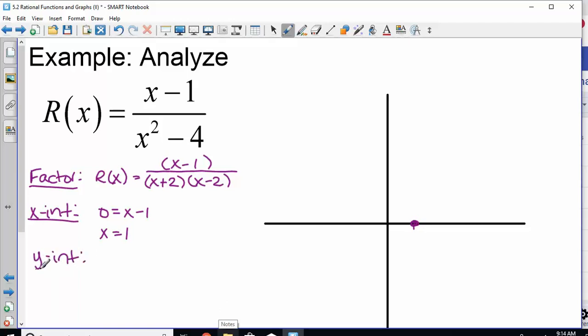Y-intercept, if you plug in 0 for all of your x's, you could do it anywhere. I'll just do it in the original. You get -1 over -4 or positive 1/4.